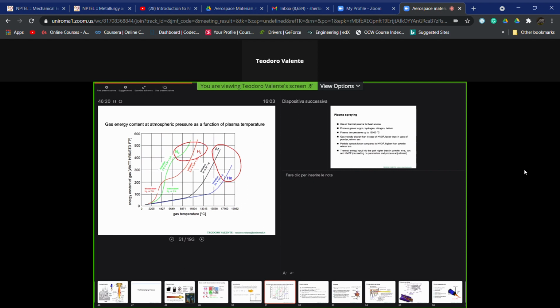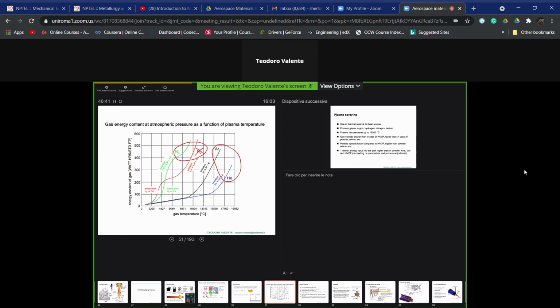And so usually, with the exception of hydrogen, we could think to use just nitrogen or just argon or just helium as a plasma gas, but usually, and that depends on the materials to be sprayed, we use a mixture.